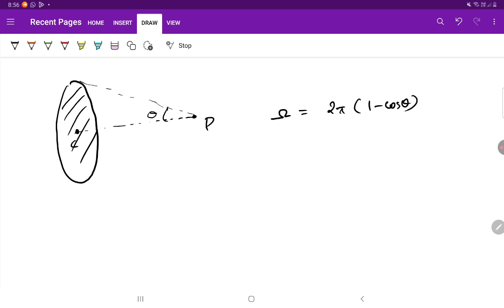So basically this is the solid angle due to the circular disc at point P.